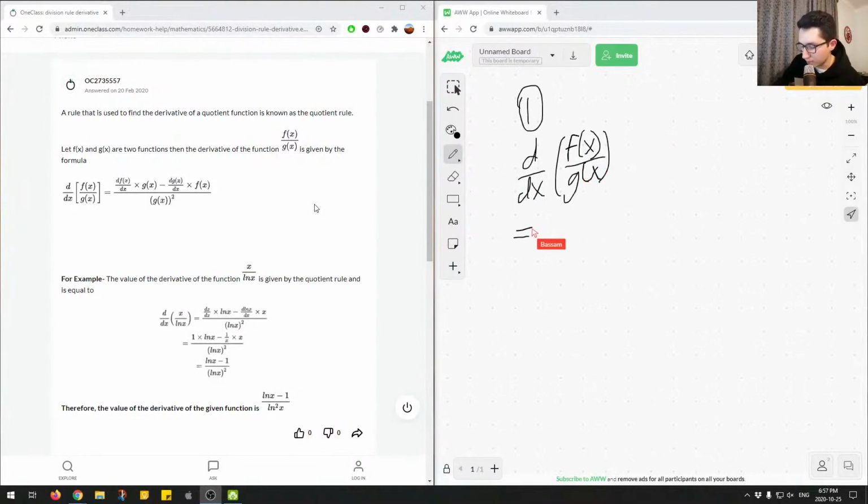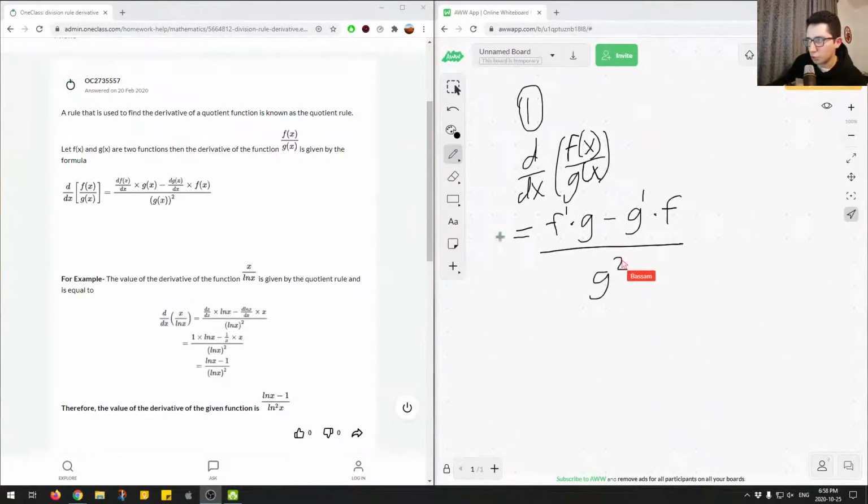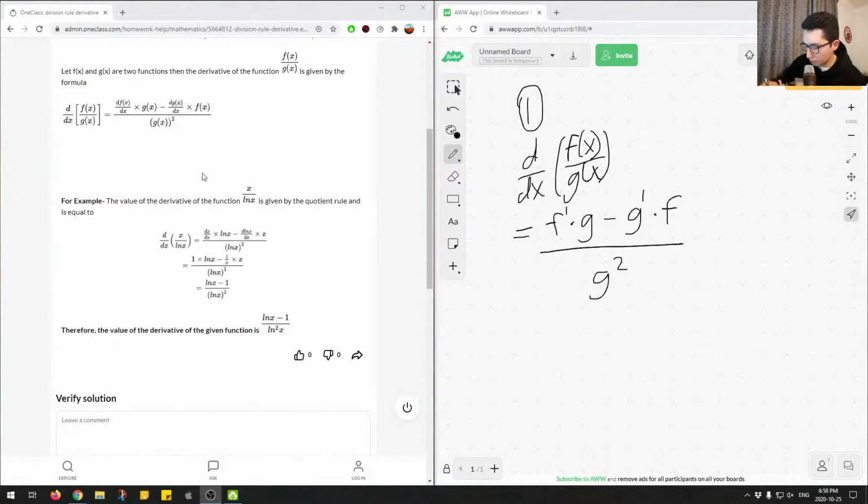The derivative of the first, so f prime, times the second, so times g, minus the derivative of the bottom, so g prime, times the first, which is f at x, divided by g squared. This is a short form way to write the same thing that's written over here. So let's go through an example of how this would work.